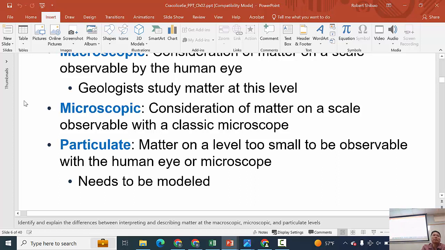The scanning electron microscope, or SEM, or a scanning tunneling microscope can actually probe things at the particulate level, whereas an optical microscope is just at the microscopic level. And so there are some microscopes that are powerful enough to probe individual atoms, to see them. I mean, when you see them based on an output from a computer. You don't see them visually.